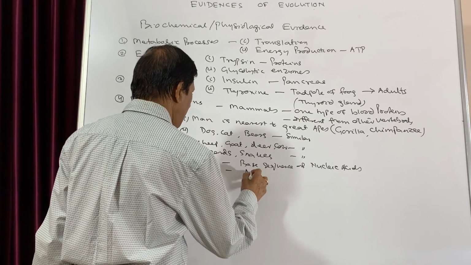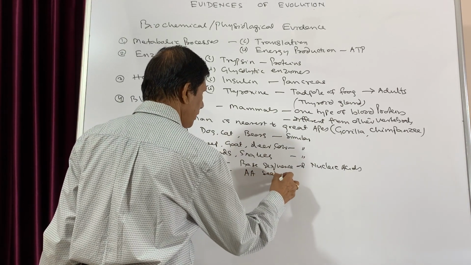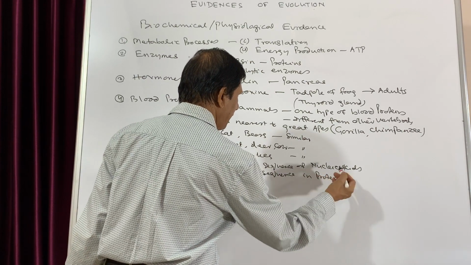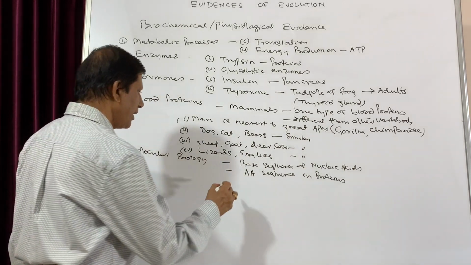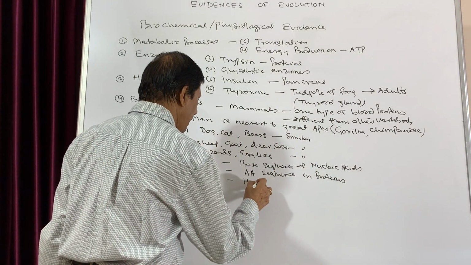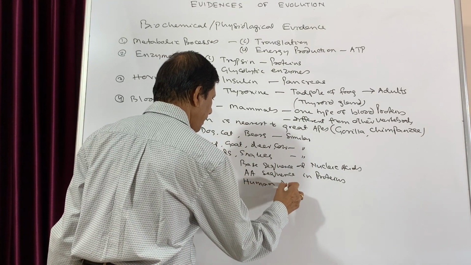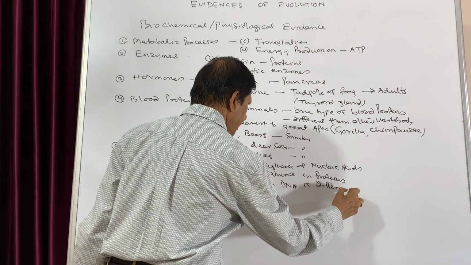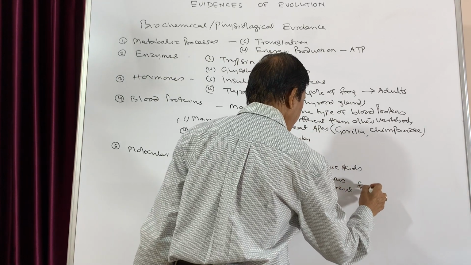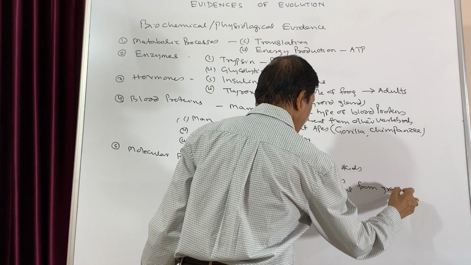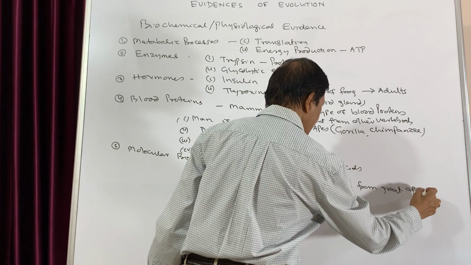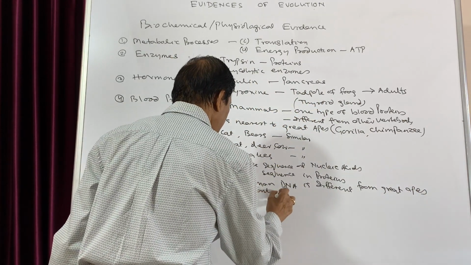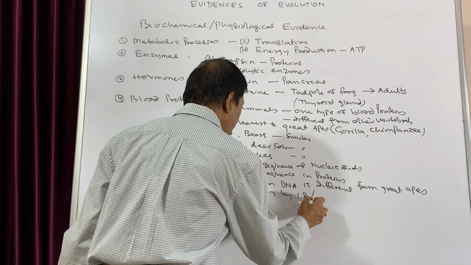Similarly, the amino acid sequence in proteins is similar in all organisms. We will find that the human DNA is different from great apes, meaning gorilla and chimpanzee, only by 1.8%.